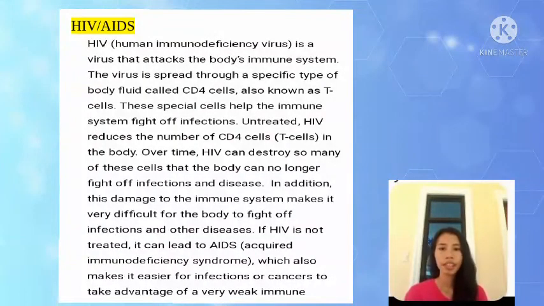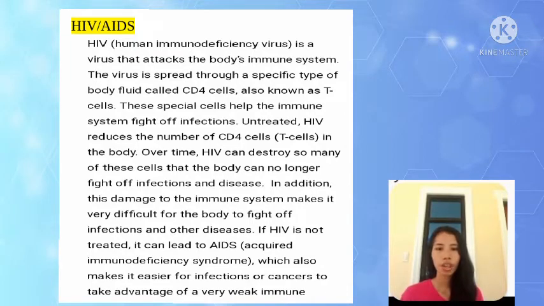HIV and AIDS. HIV stands for Human Immunodeficiency Virus. It's a virus that attacks the body's immune system. The virus targets a specific type of cell called CD4 cells, also known as T cells. These special cells help the immune system fight off infections. Untreated HIV reduces the number of CD4 cells, the T cells, in the body.